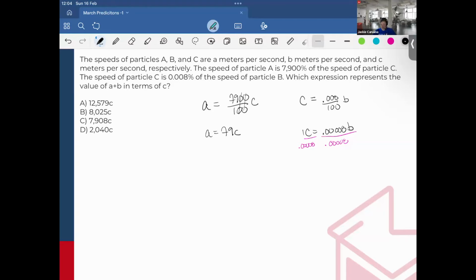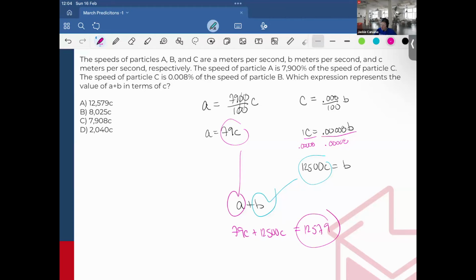So if I do that, 1 divided by 0.00008, my goodness, it is 12,500 C is equal to B. And then final step, A plus B, 79C plus 12,500C, which is equal to 12,579C. Okay, so main takeaway for this problem, be careful of the percents. Make sure you divide them over 100 like I did. And that will be the key to success.